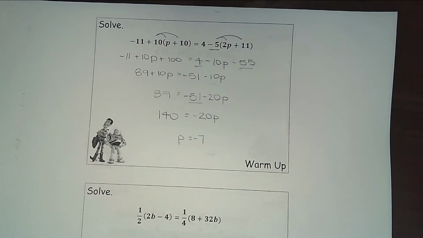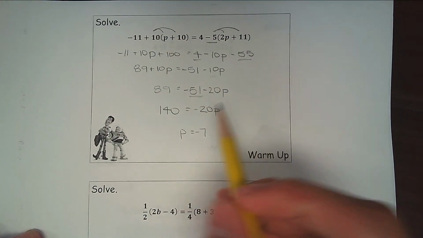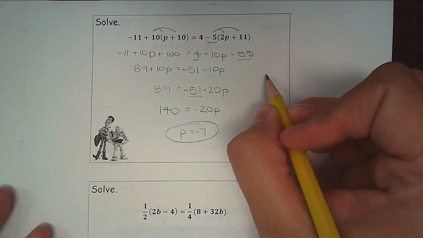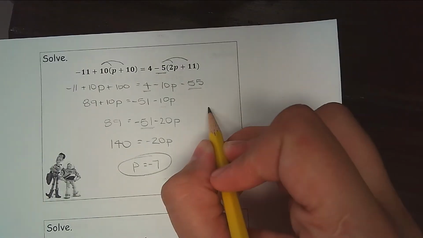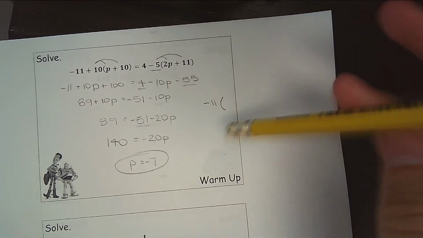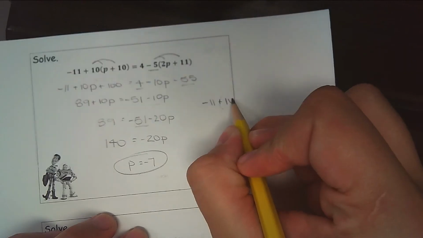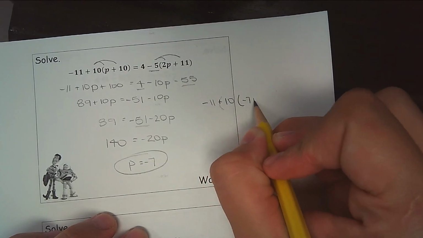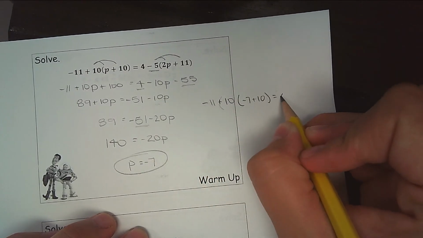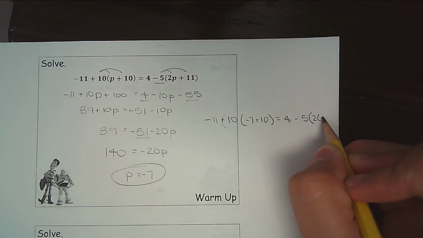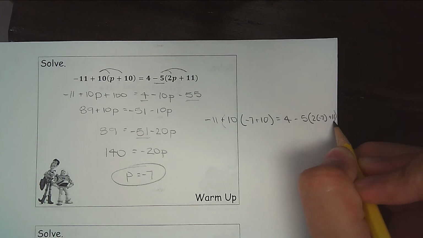I could, of course, always check this as well by plugging what I think is my answer into the original problem. I'll do that over here quick. Negative 7 plus 11.